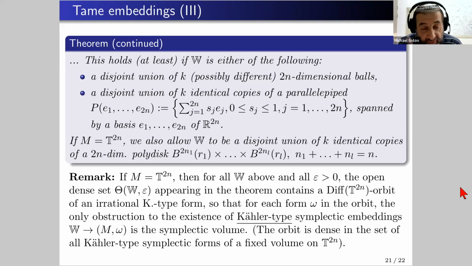And you can say more here, that for each irrational form in that Diff-plus dense orbit, you not only have epsilon-tame symplectic embeddings that are unobstructed, you also have Kähler-type unobstructed embeddings of these domains. So for instance, for any such irrational form, you have unobstructed Kähler-type embeddings of parallelepipeds or polydisks.